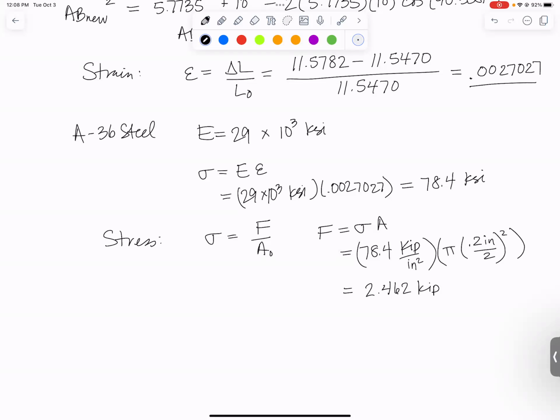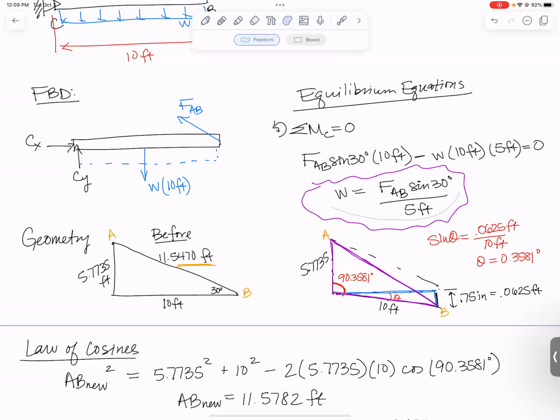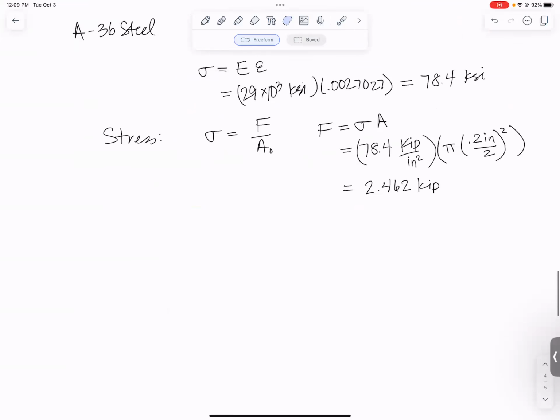That's the force that we need in the wire to cause enough stress to cause it to strain enough so that B moves down that 3/4 of an inch. Now, remember that equation I said we'd save for later? That's this equation right here. Let me just copy it and bring it down. So this came from statics, right?